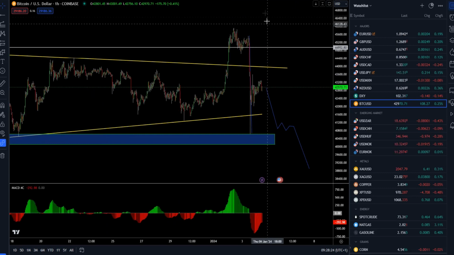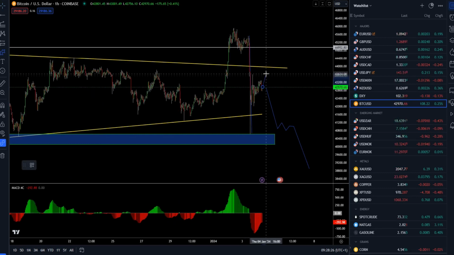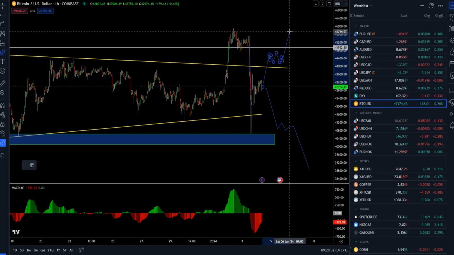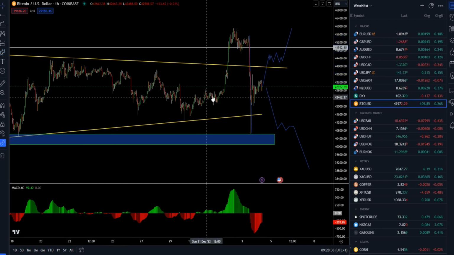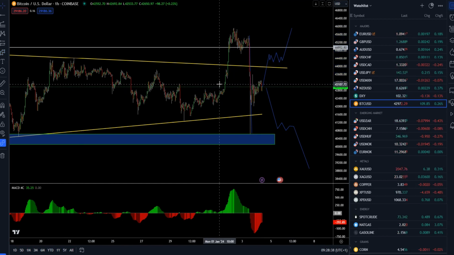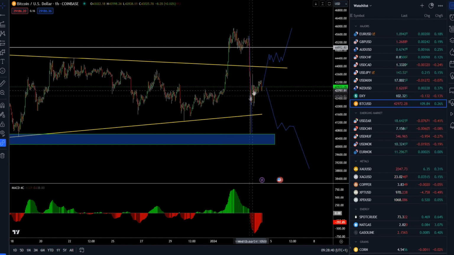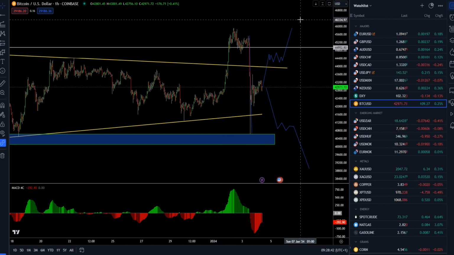From the other side, if market can regain again above this consolidation and trade above and hold above, then there is a chance for the retest of the highs around 45,900. So far, market is in the middle of the consolidation, and we need to see what kind of structure, what kind of scenario it will develop from here.